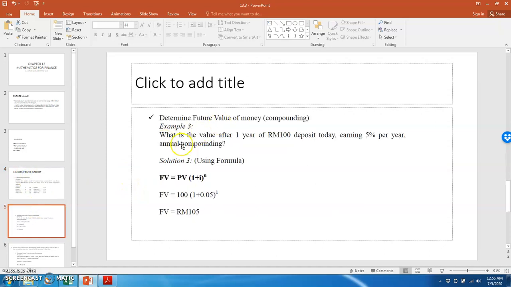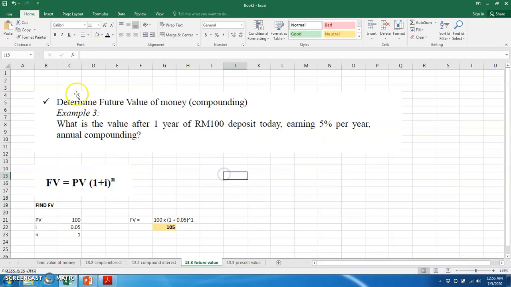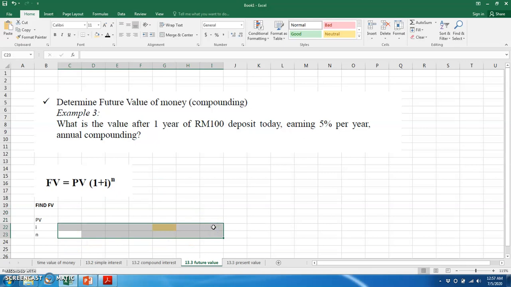What is the value after 1 year of a 100 ringgit deposit today, earning 5% per year, annual compounding? This is the formula. I would like to erase everything.